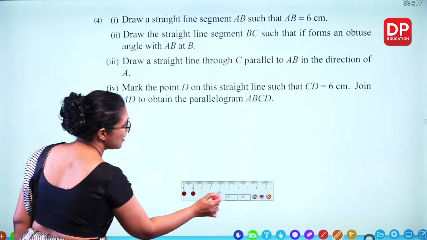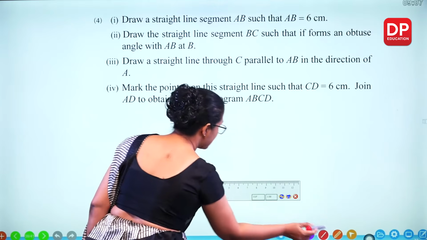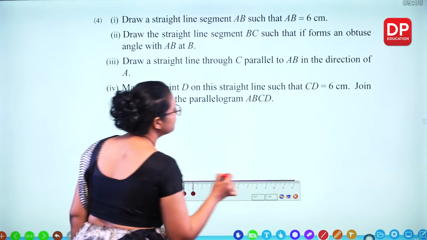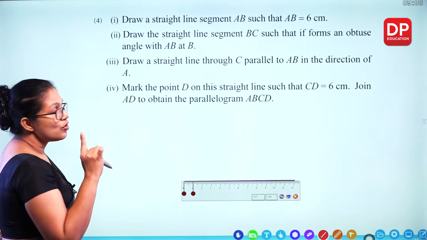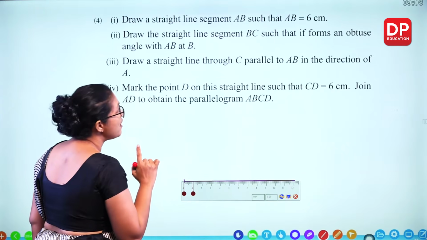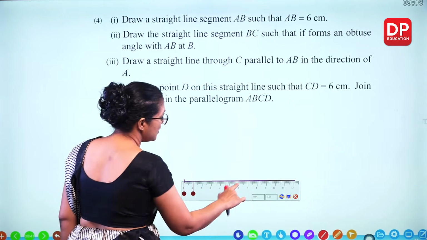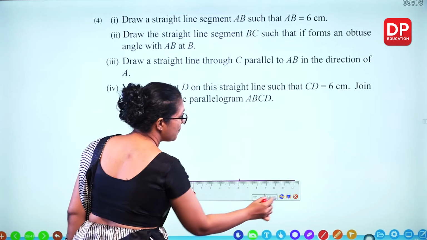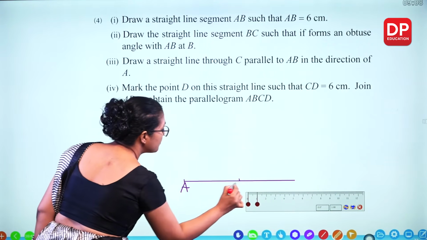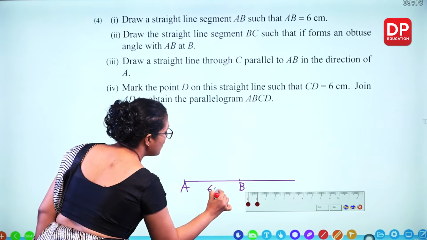So first, draw a line segment with the ruler. And then you need to mark point A and measure 6 centimeters here and mark the point B. So these are AB points, 6 centimeters away from each other.